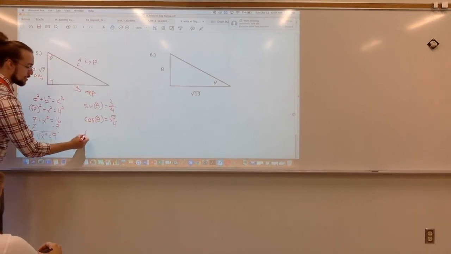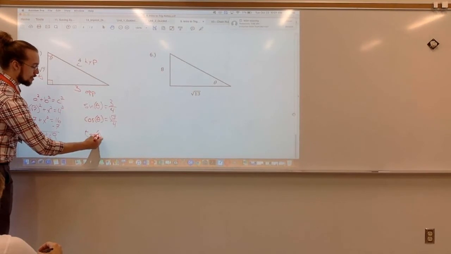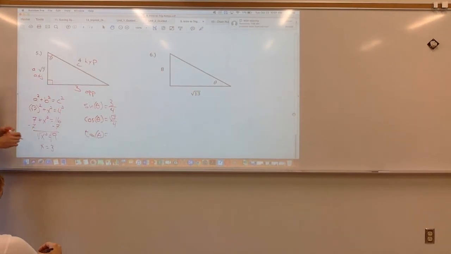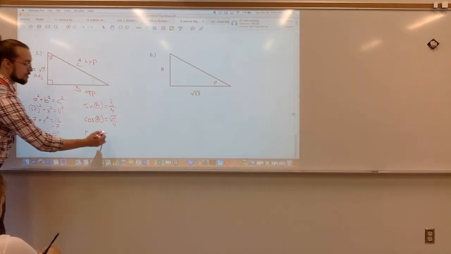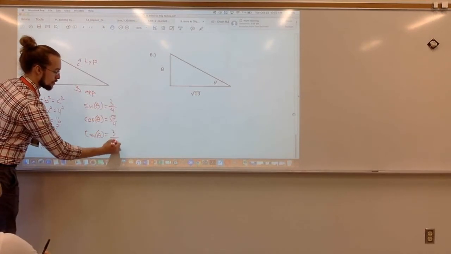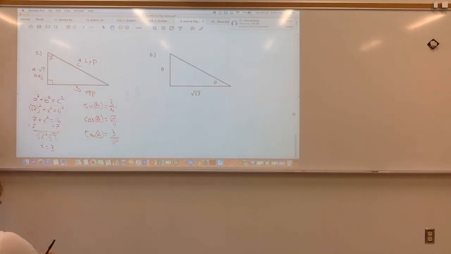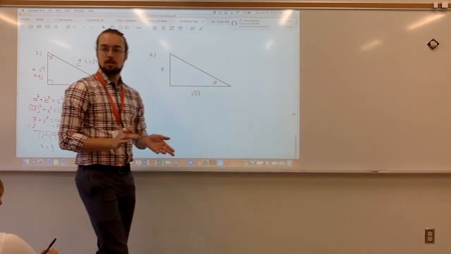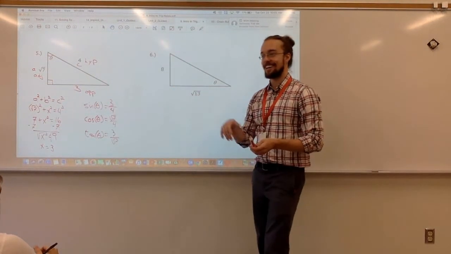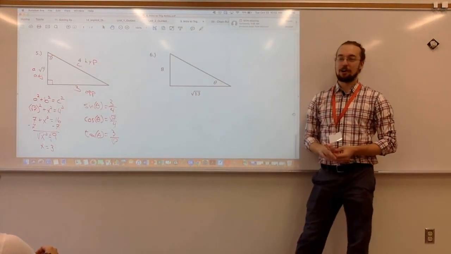And the last one, tangent of theta is opposite over adjacent, so 3 over the square root of 7. What do I do with that one? Is that an acceptable answer? No, not quite.